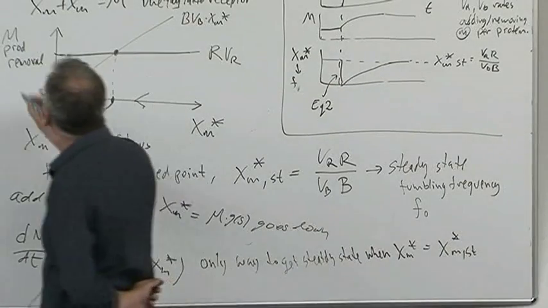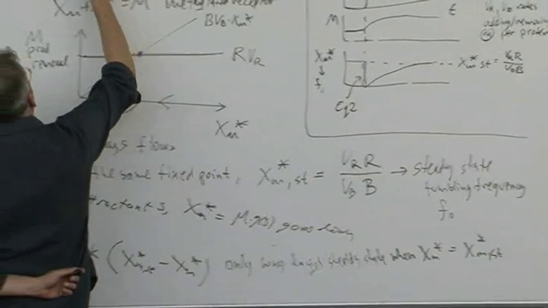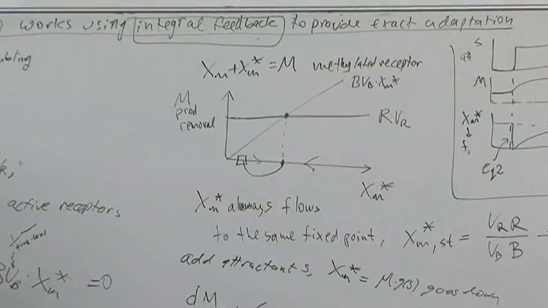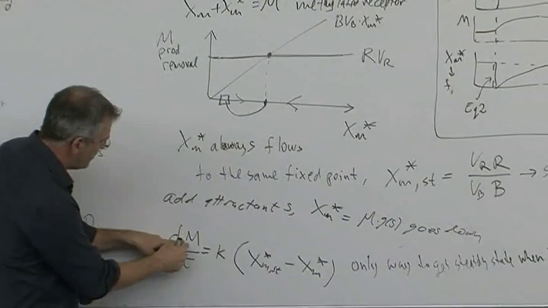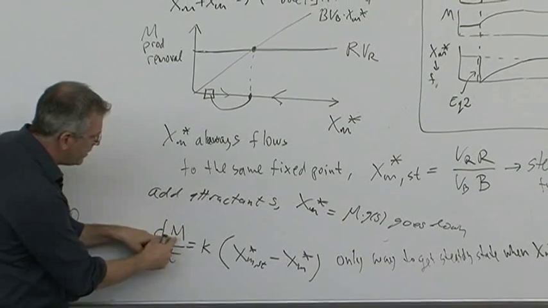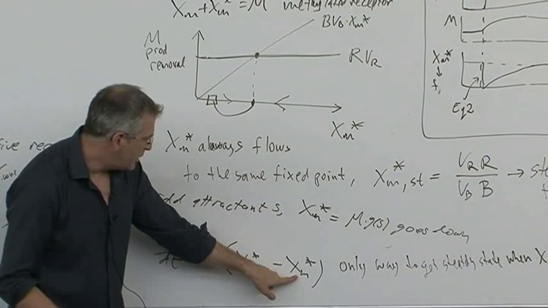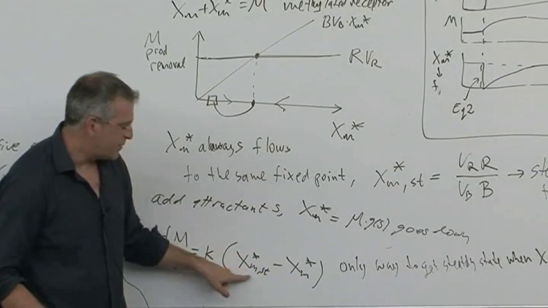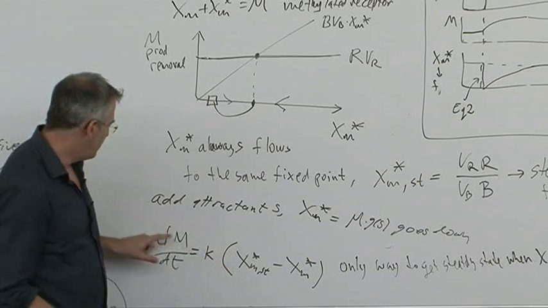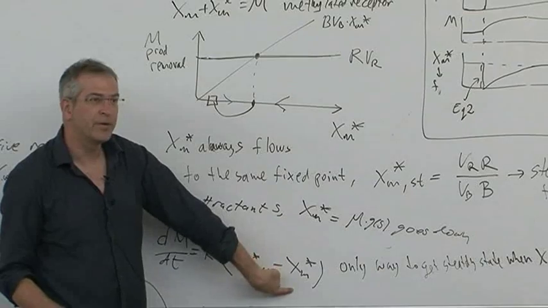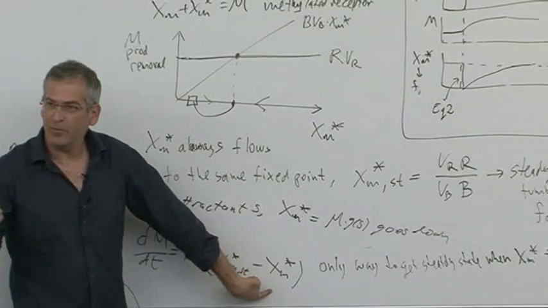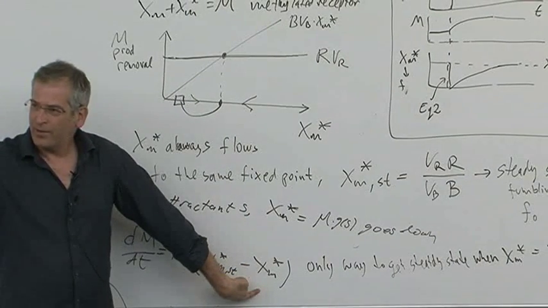And this is what's called integral feedback, because the methylation integrates the difference between the activity and its steady state activity. If I put an integral on both sides, methylation is the integral of the error. The error is the difference between the activity now and the steady state activity.